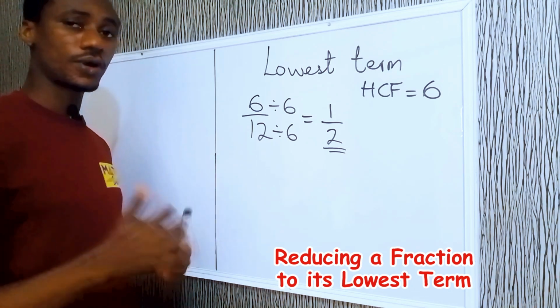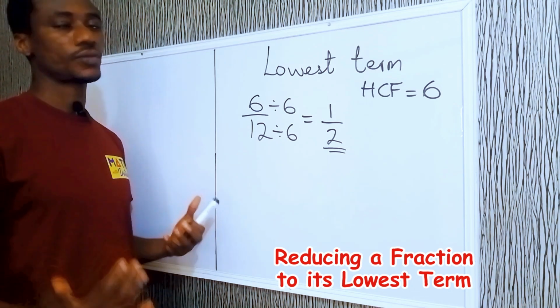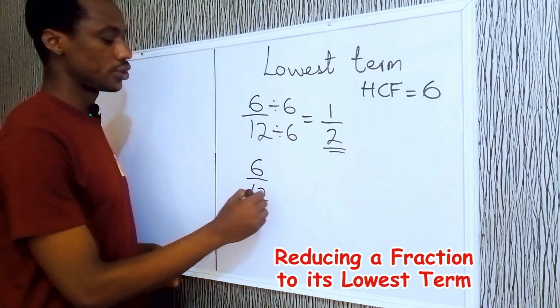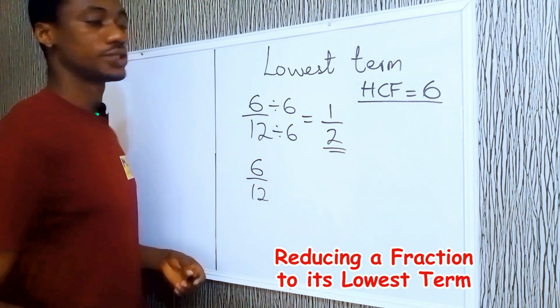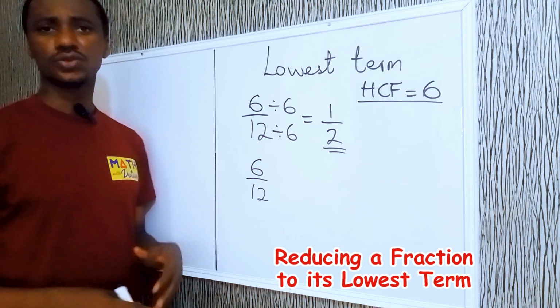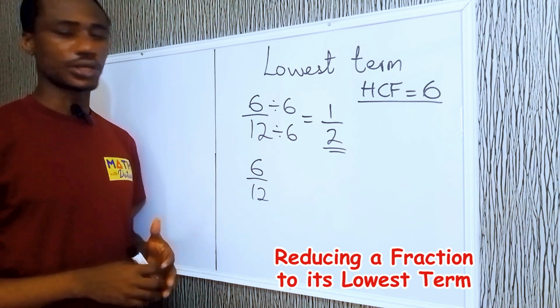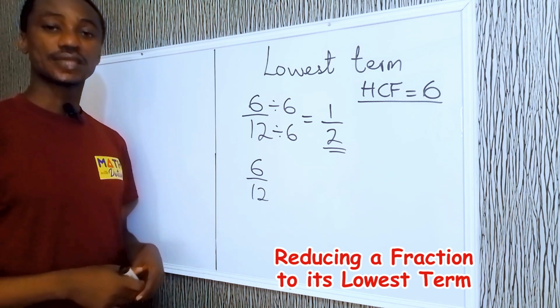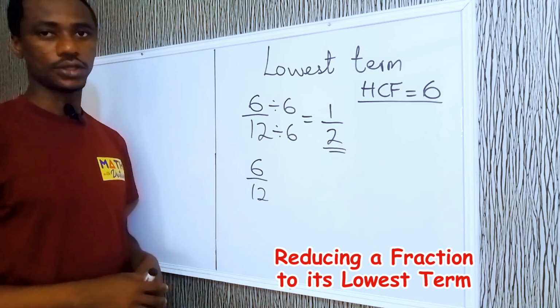Now, for our friends in lower primary, let's say year 3, year 4, you don't really know how to get your HCF yet, but you look at 6 and 12, and you could find any common factor at all, any number that could divide 6 and also divide 12. You can start with that until you get to the lowest term.